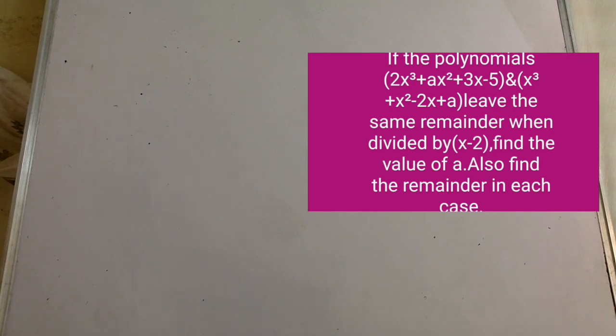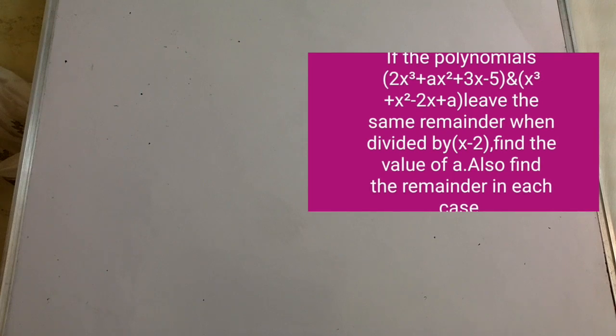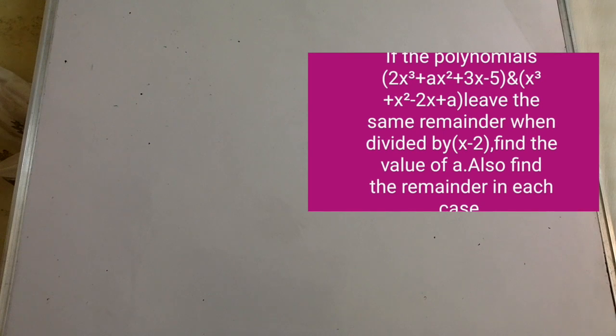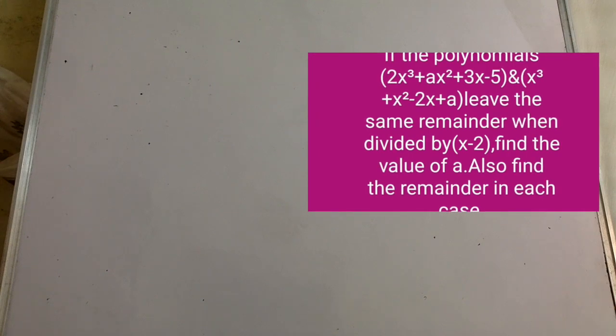You can clearly read the question on the board, and it is saying: if the polynomials 2x cube plus ax square plus 3x minus 5, and another polynomial x to the power 3 plus x square minus 2x plus a, remember, both of them have a constant a. The variable is x, but the constant is a.